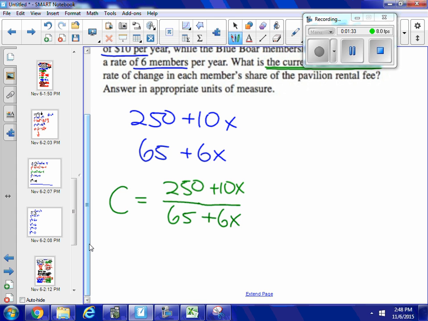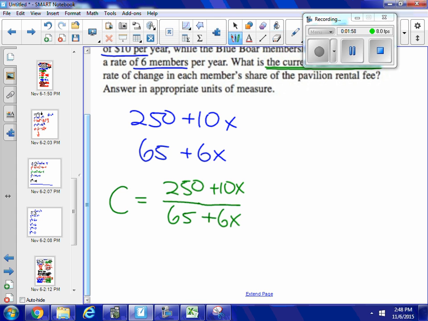If I went another year, it would be different. If I went 2 years, it would be different. Like if I went 1 year, the cost would be 250 plus 10, and the membership would be 65 plus 6. So it is changing. I want to know what is the rate of change right now in this particular year.